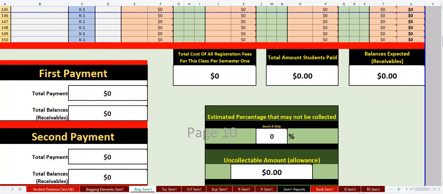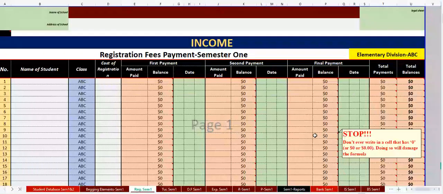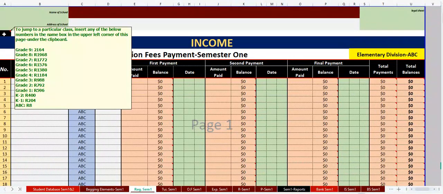So now you want to jump straight to 7th grade. Because this is a junior high system here. We have the senior high and so on. If you hover the mouse here and look for 7th grade, you can see the number for 7th grade is arrow 1772.